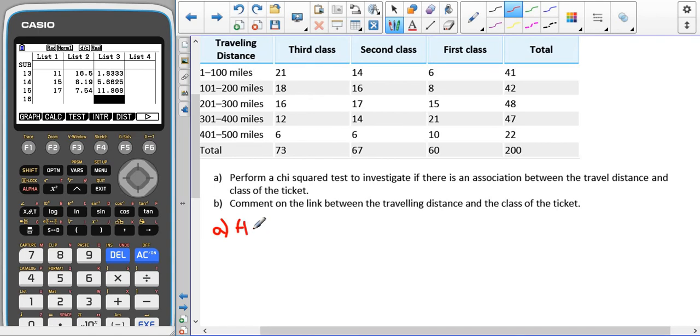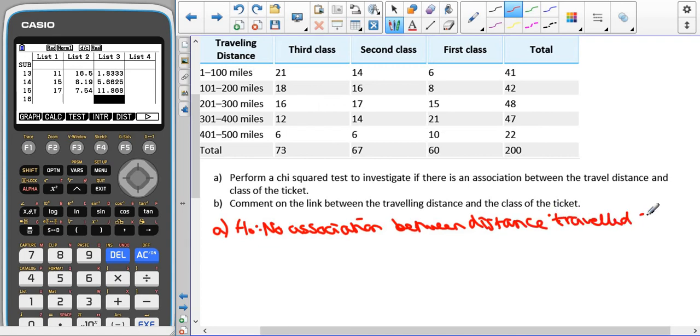So again, H0 is going to be no association between distance travelled and class of ticket.